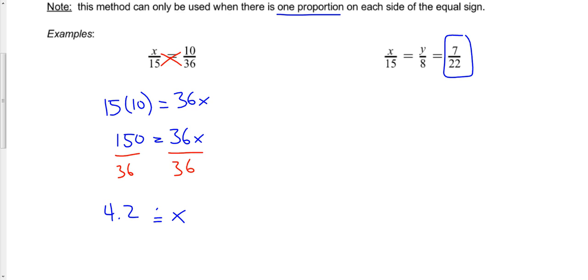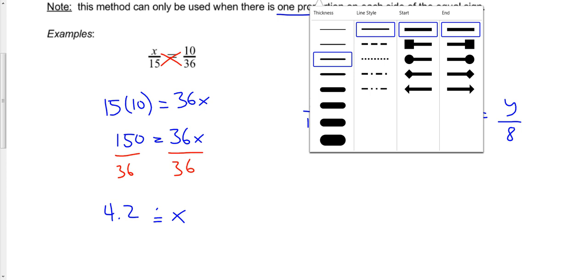So because they're all equal, you can actually write this as two separate equations. You can write this as x over 15 is equal to 7 over 22. And you can also write 7 over 22 is equal to y over 8. Okay, so these two things are both true at the same time.